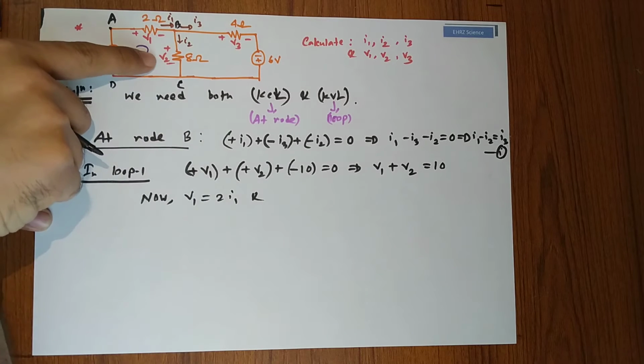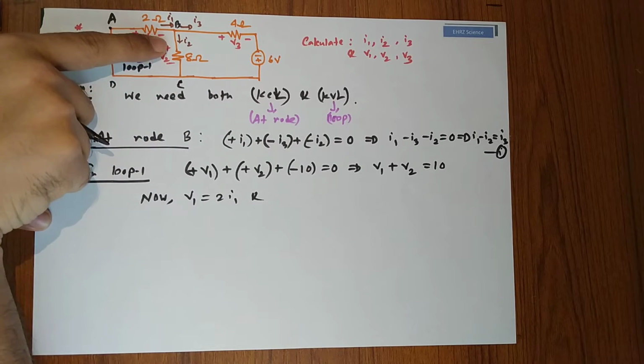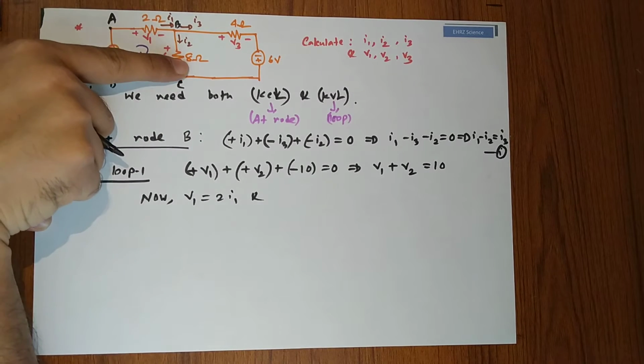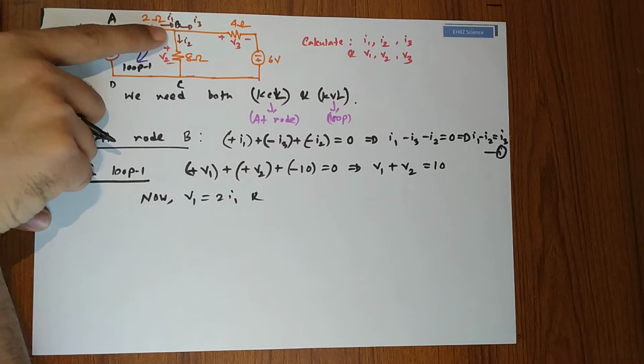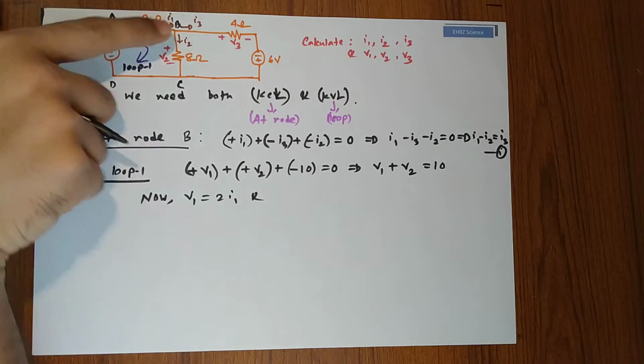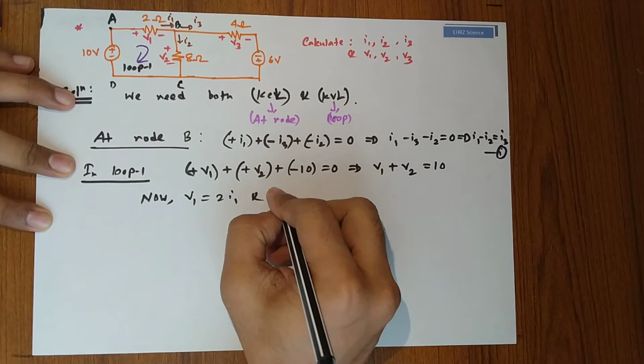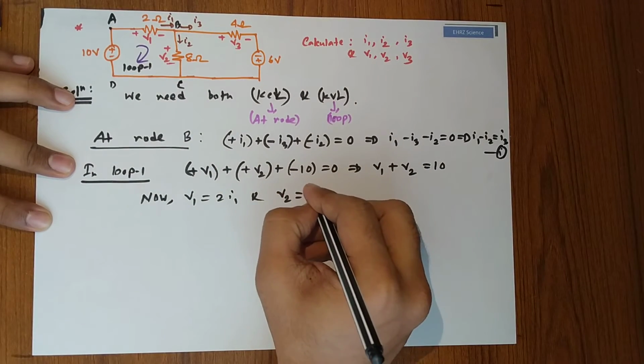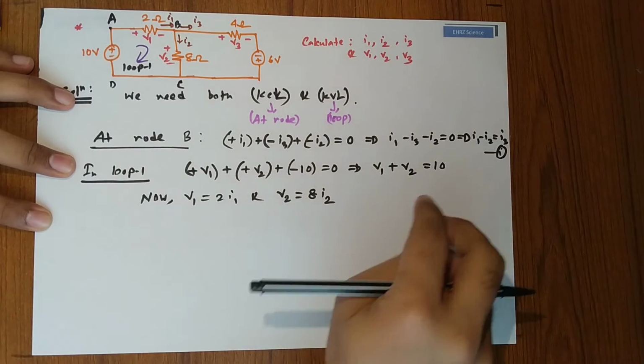And what is V2? V2 is basically 8 times I2, and I2 is entering the positive terminal of the resistor. So V2 is 8 times I2.